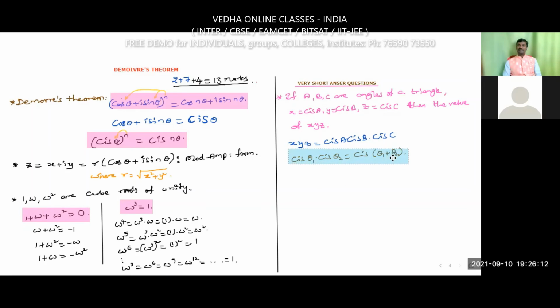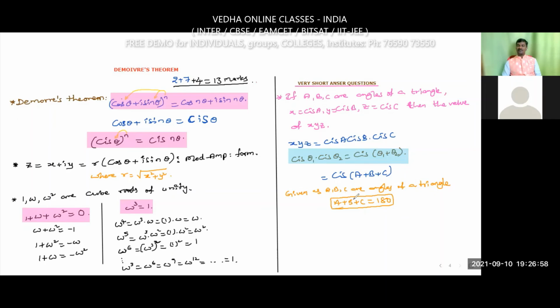If you apply the same formula on the right side part, with cis theta 1, cis theta 2, cis theta 3, we get cis of A plus B plus C. Given that A, B, C are angles of a triangle, the sum of angles in a triangle is always equal to 180 degrees.